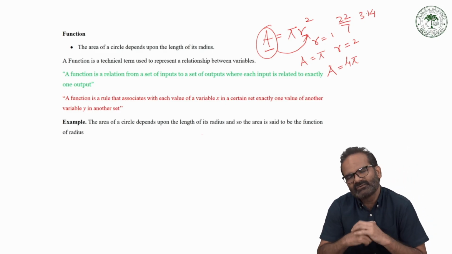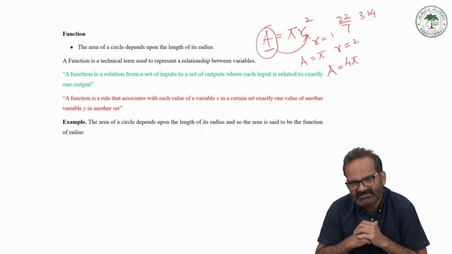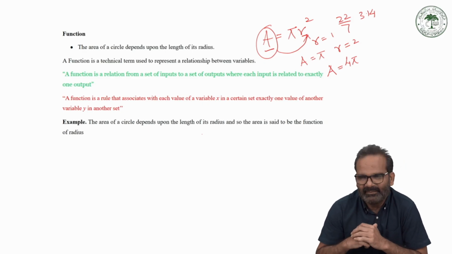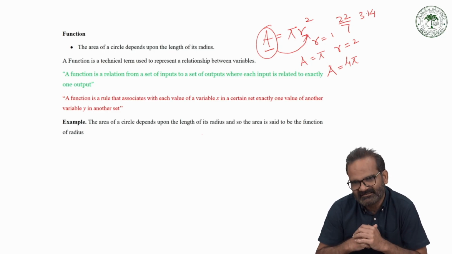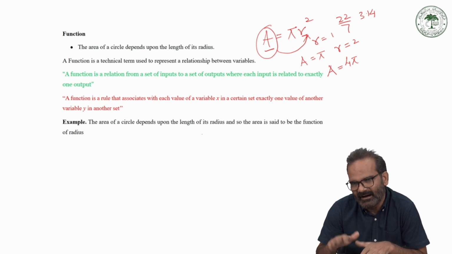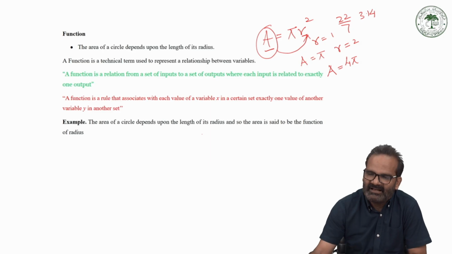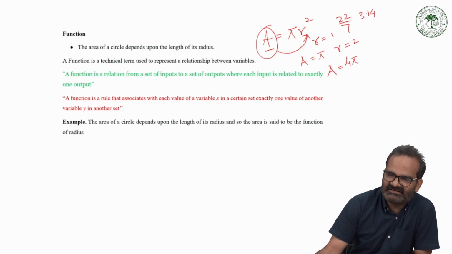Constant quantities are those which remain fixed throughout. They never change, for example, the numbers. On the other hand, variable quantities are those which change with the passage of time. Temperature, pressure, height of a child, weight of a child, they all change with the passage of time. So variable means anything which changes with the passage of time.